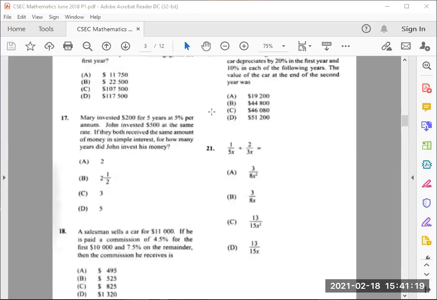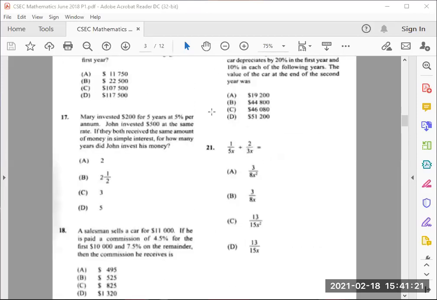Continuing, number 17. Mary invested $200 for 5 years at 5% per annum. John invested $500 at the same rate.